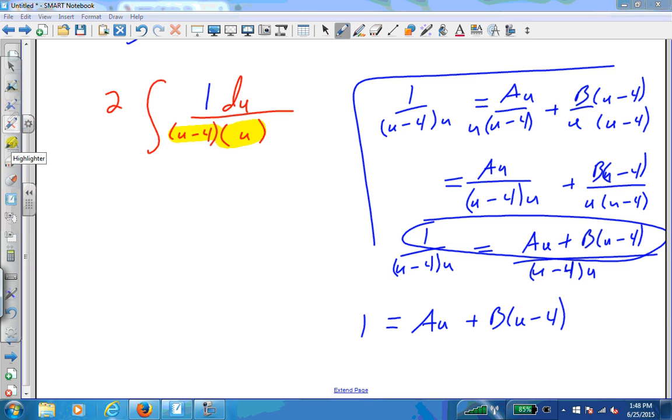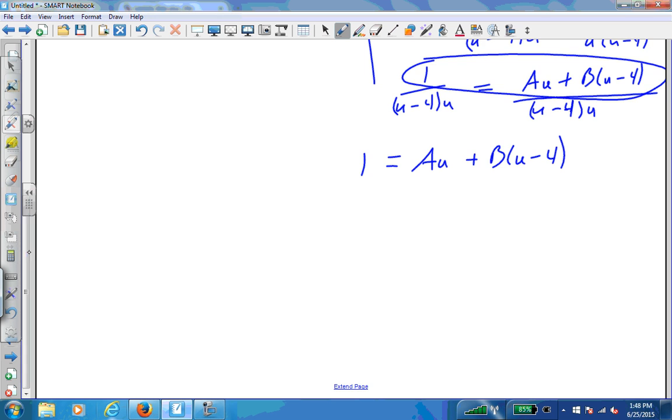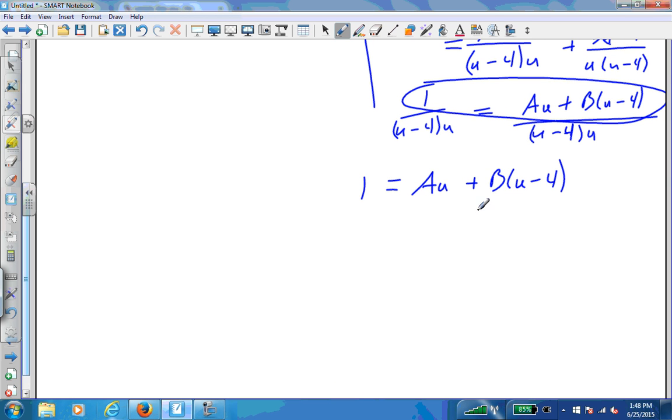And we could solve that as a system of equations, but the way that we did that in pre-cal or when we were doing natural logs is we made a substitution. What would make this equal to 0? So if we let u be 4, we would have 4 times a. If we put a 4 in for u here, we would get b times 0, which is 0.